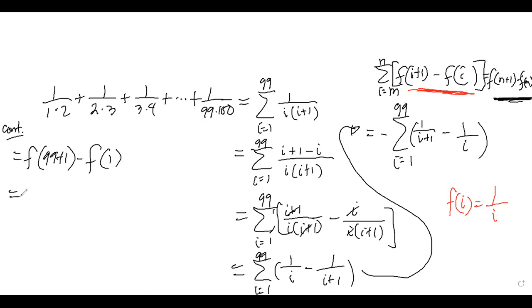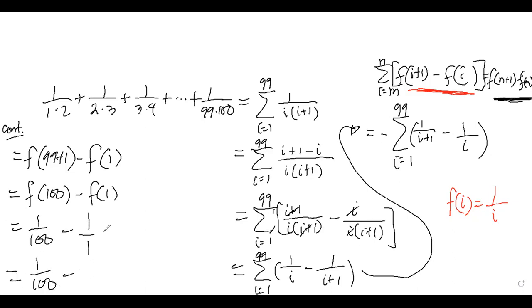Next we have to simplify. It will be f of 100 minus f of 1. Then we evaluate it. f of 100 will be 1 over 100, and f of 1 will be 1 over 1, or simply 100 over 100.